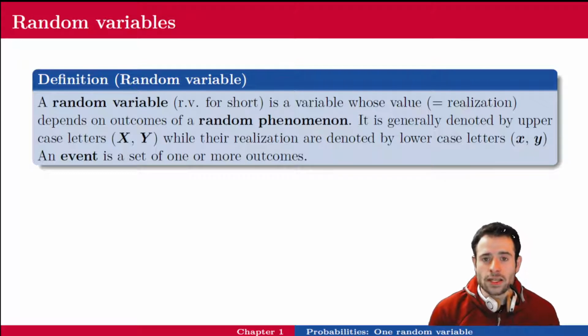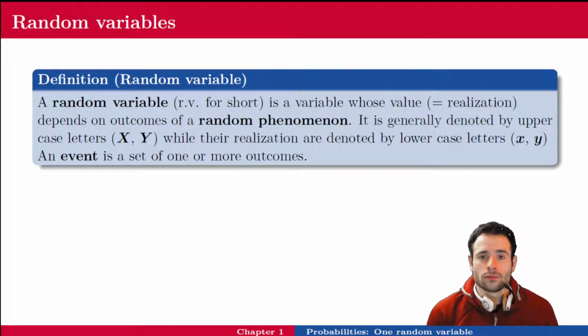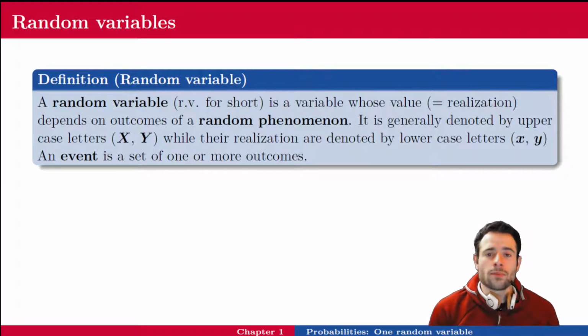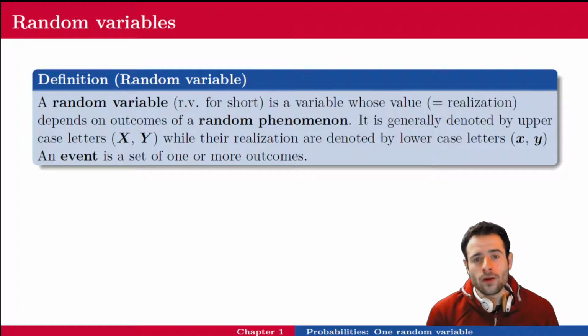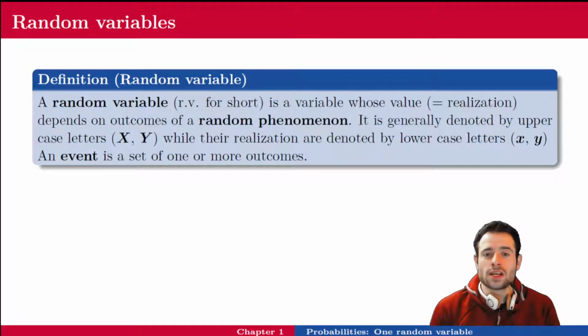Note that in the word random variable, there is the word variable. So if you think about mathematics, a variable is typically what you're looking for in an equation, the variable x, the variable y. In mathematics, however, the value of the variable is deterministic. There is a specific value which is going to satisfy your equation.